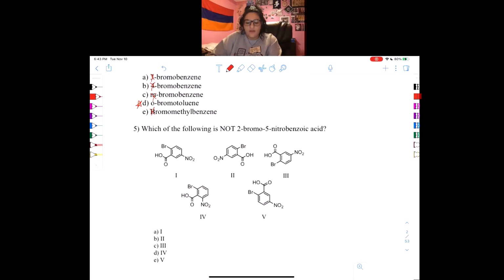Alrighty. So this one is styled a little bit differently, but it's essentially the same question. Which one is not 2-bromo-5-nitrobenzoic acid? And I like to draw it out for myself first. So benzoic acid is the, what do you call it when it's at the end? Whatever, it's the ending.